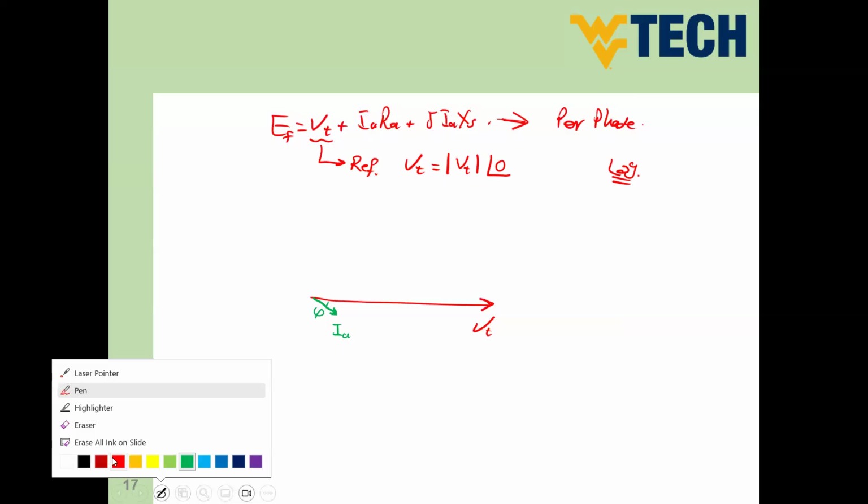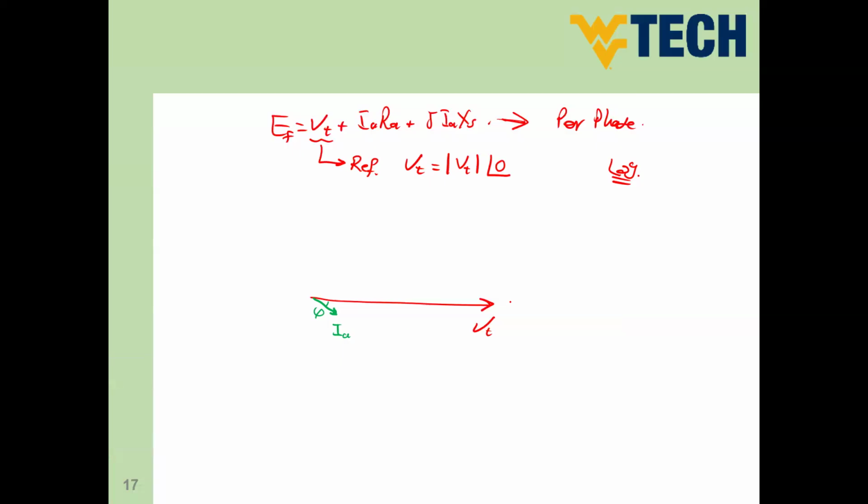Now, when you draw the phasor diagram, we just draw the terms of the equation. We drew already V terminal, the first term. The second term is IA times RA. IA is a vector, RA is a scalar value, so the vector IA RA is going to be in the same direction as IA, with the same angle.